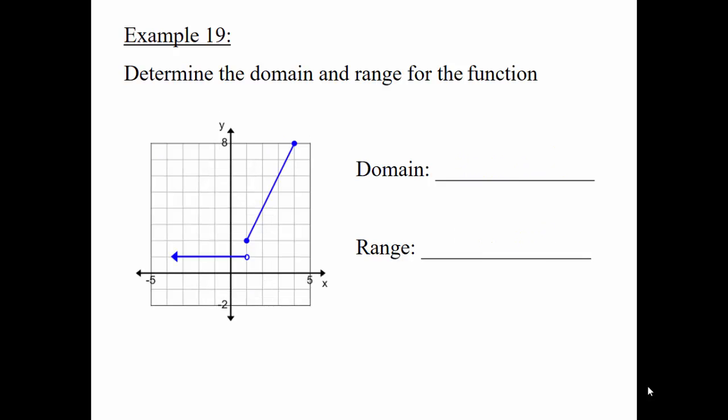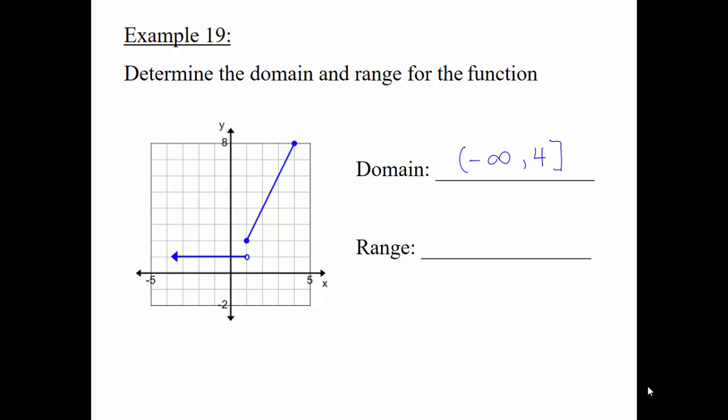Okay, again, we have an open circle, closed circle situation. We have an endpoint on the right, and we have an arrow on the left. So we're going to go from negative infinity on the left. We continue all the way through to 4, and it includes 4. The range is going to go from 1.